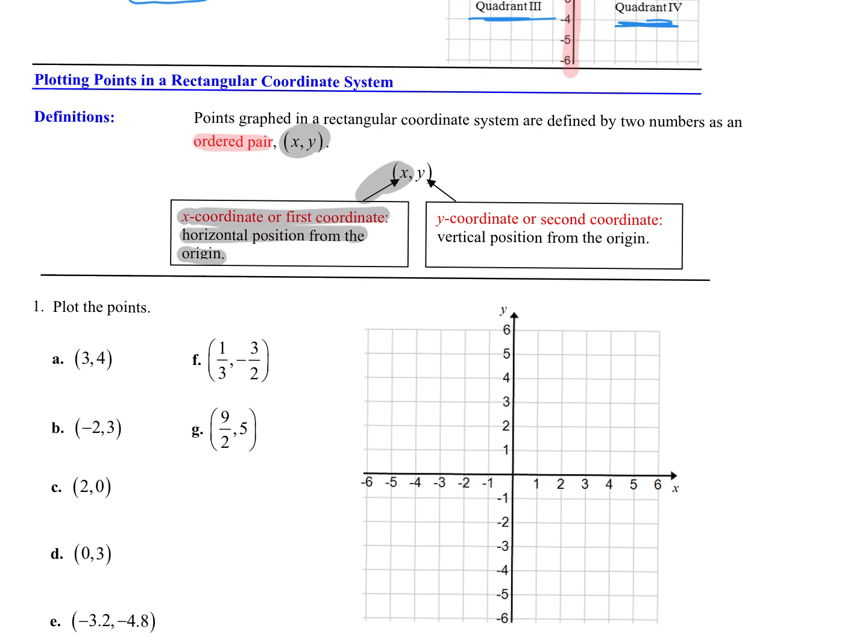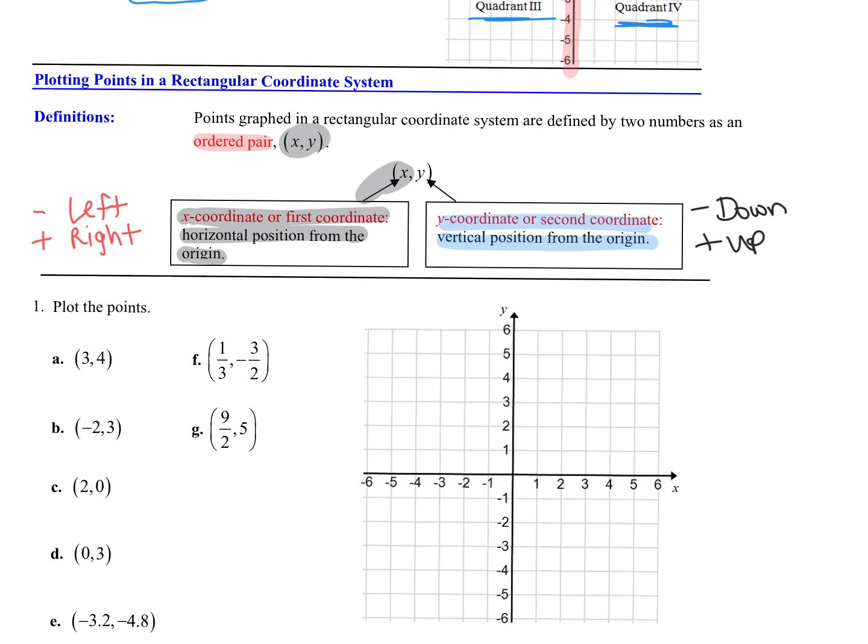If it is a negative number, it implies to go to the left, and if it's positive, it implies to go to the right. The y-coordinate, or the second coordinate, is the vertical position from the origin. That is, if it's negative, it means down, and if it's positive, it means up.